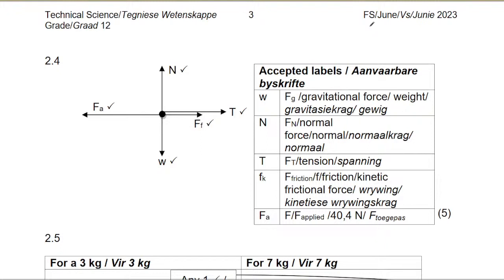So for that free body diagram, each arrow with a label will be 1 mark. We are going to accept what is in this box. For W, we can accept Fg, gravitational force, or weight. For the normal force, Fn, and normal force in words or normal, we can accept that.